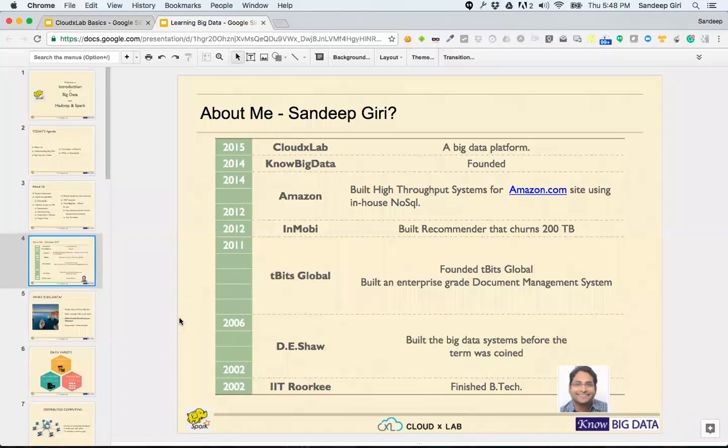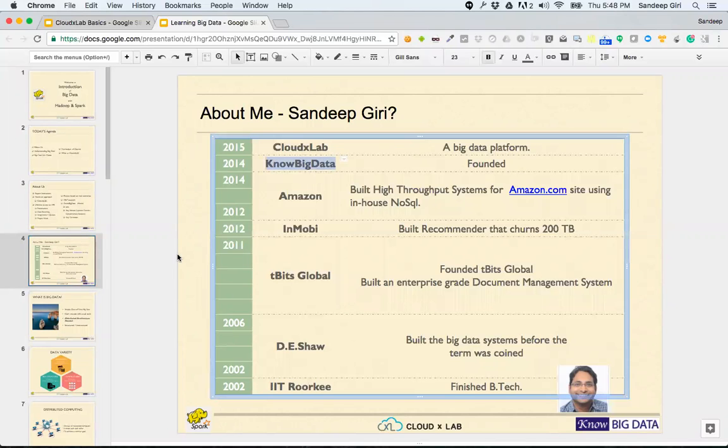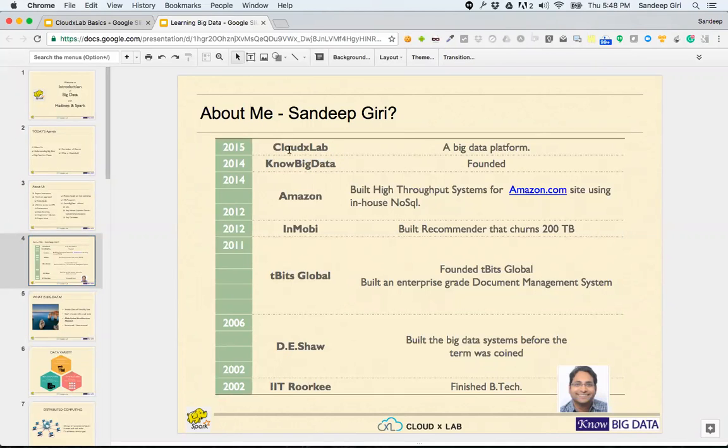If you look around at Quora and Facebook, you will find lots of great feedback about us. So that's about CloudxLab and No Big Data. And these two things we are going to talk about after a while. So we talked about No Big Data, that we provide great trainings, and CloudxLab we provide lab.